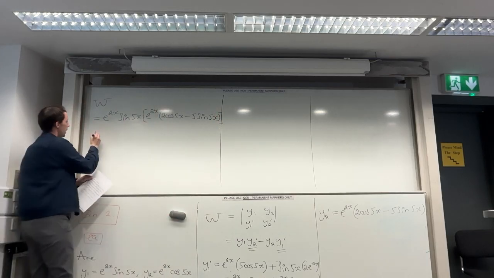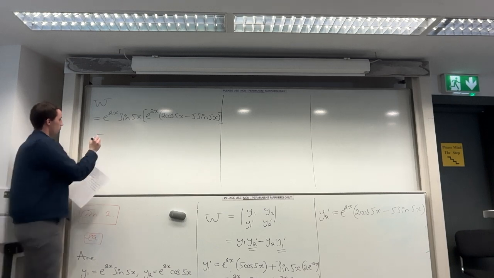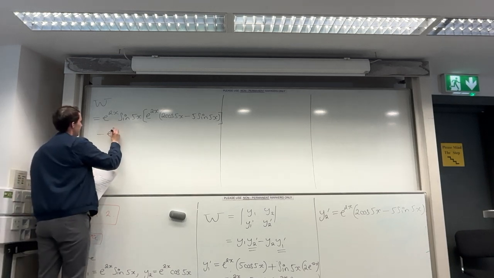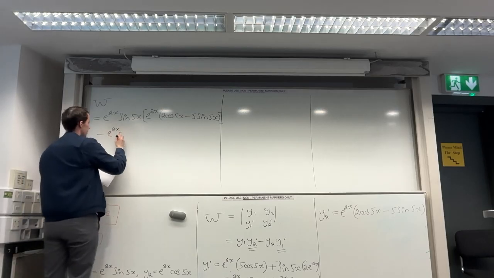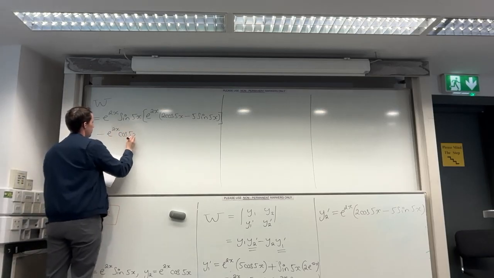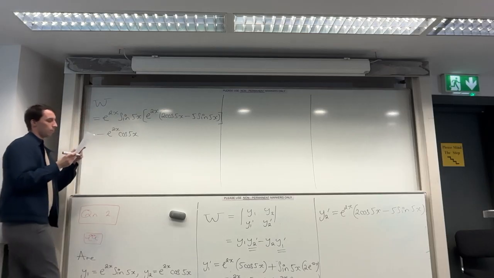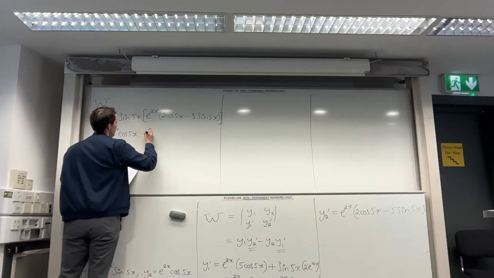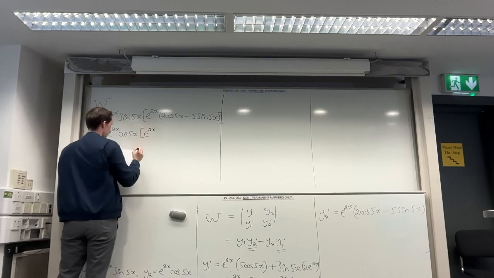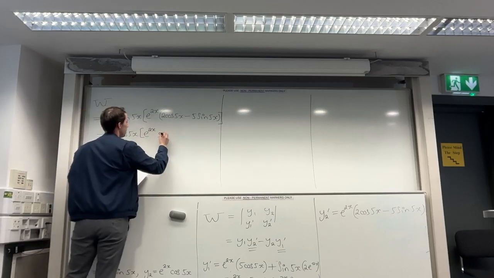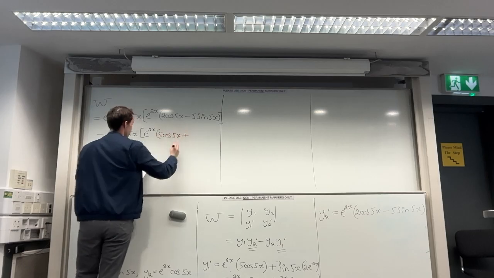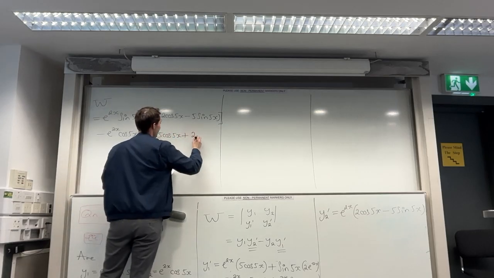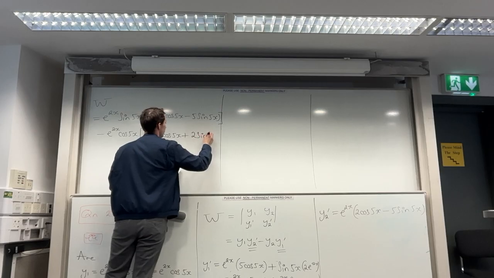And that's minus y2, which was e to the 2x cosine of 5x, times y1 prime. y1 prime was e to the 2x times (5 cosine of 5x plus 2 sine of 5x).